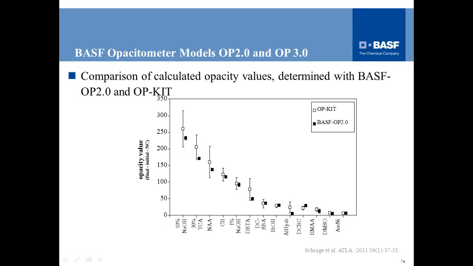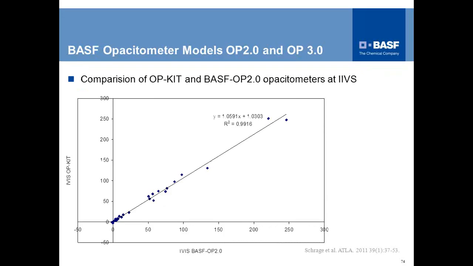We used the standard opacitometer as well as our opacitometer and calculated the opacity values. Comparing the two, we can see that the standard deviation of the individual opacity values is smaller using our opacitometer, but in general the opacities are very comparable.